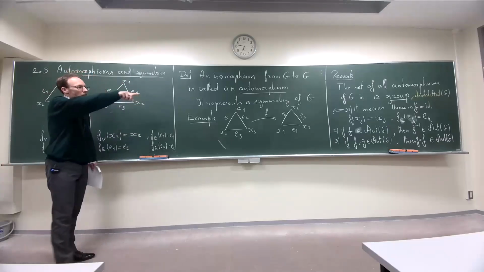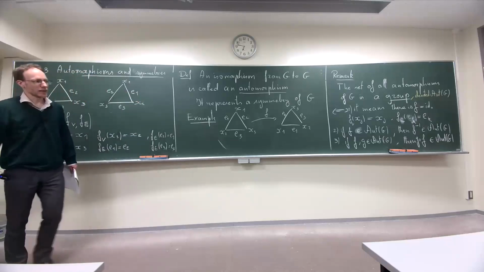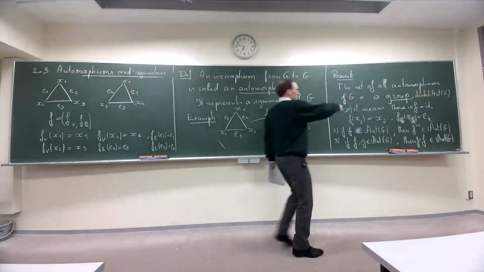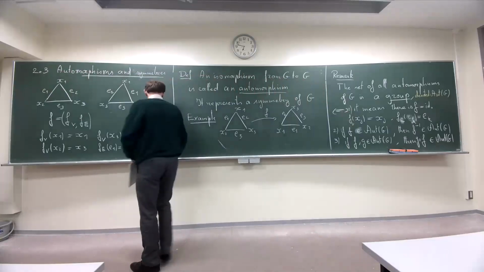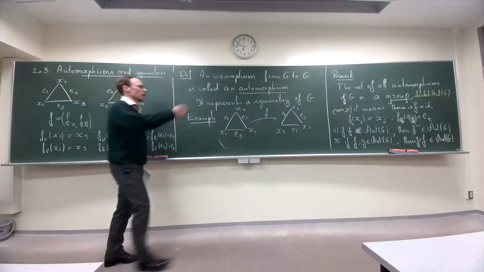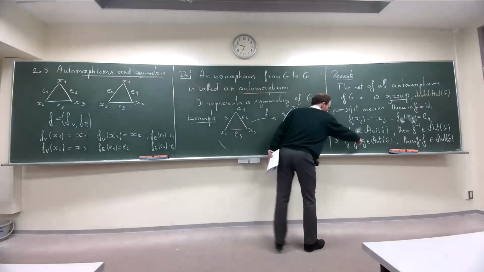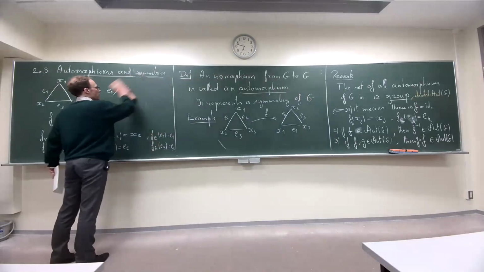And the composition is an automorphism. You can check this, it's not difficult. And if you have these three conditions, it's what we call a group. So it's quite good to have such a structure. When you have one, or if you have two, you can even do the composition, and the composition is another element of the group.